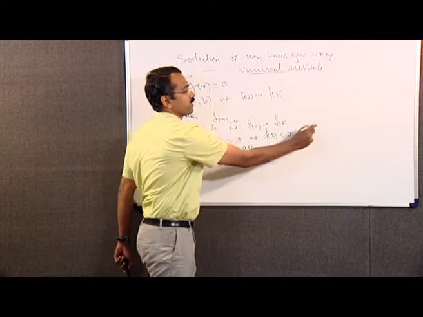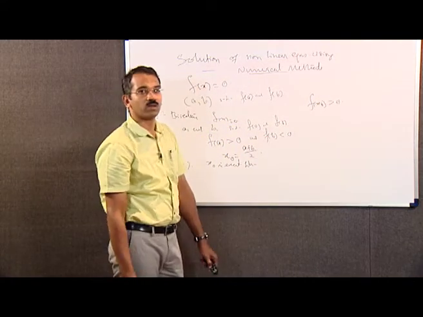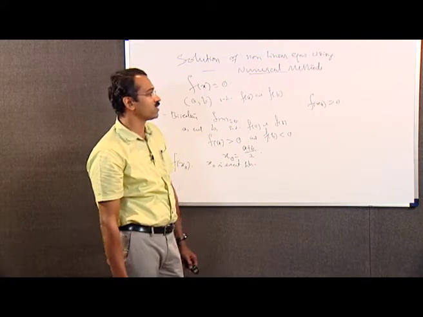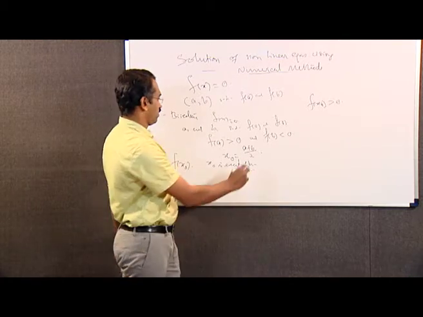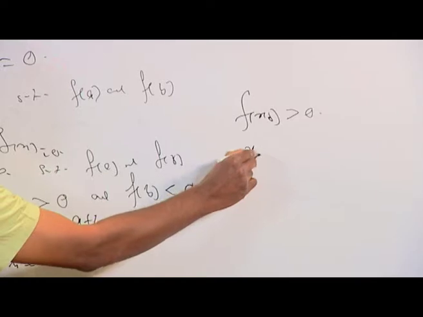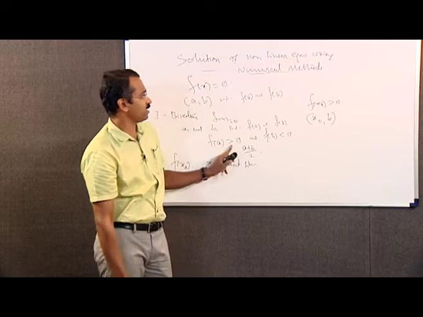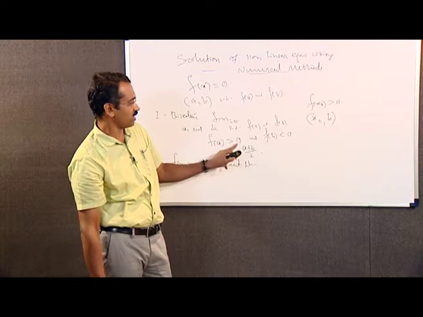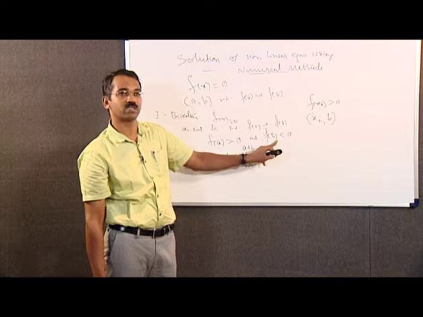Assume f of x naught is positive. Then we take the interval of approximation as x naught comma b, because f of a is positive and f of b is negative in the first iteration.